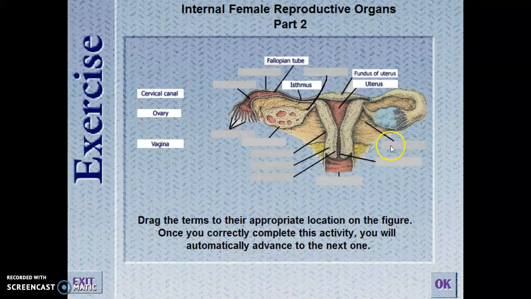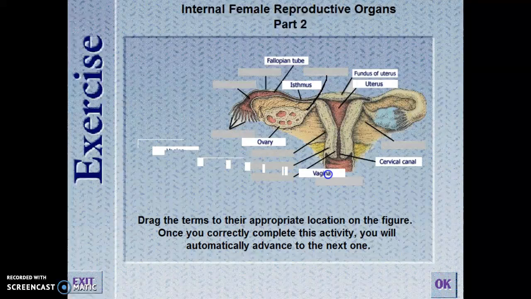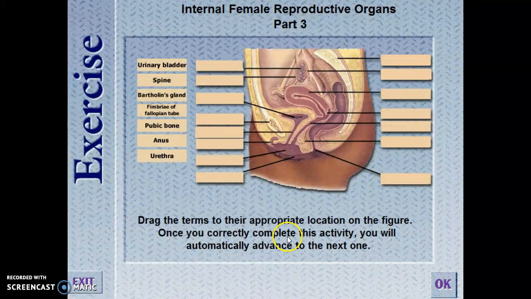You already have broad ligament. Then fill in the cervical canal. The ovary is right here. And the vagina is the last one. Double click. And then the side structure of the female will come up.